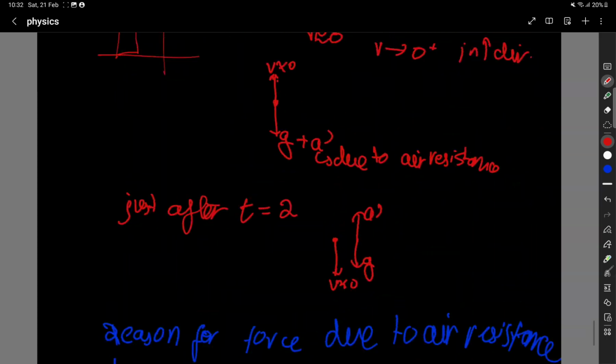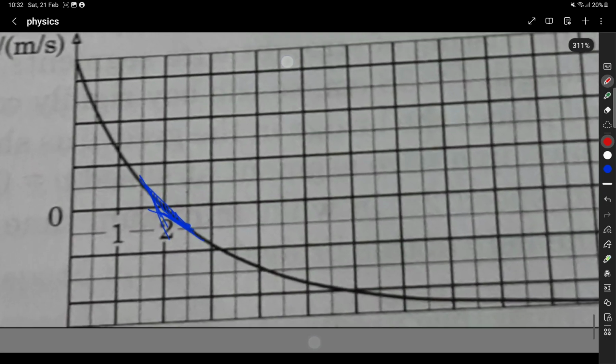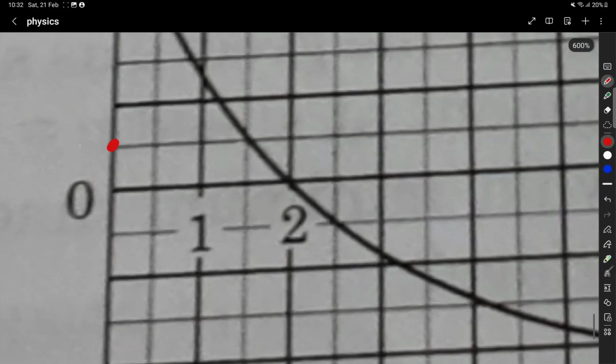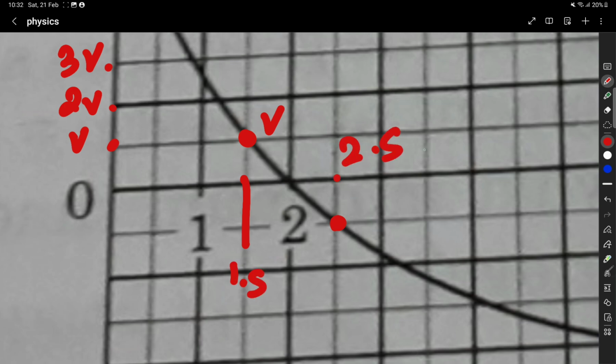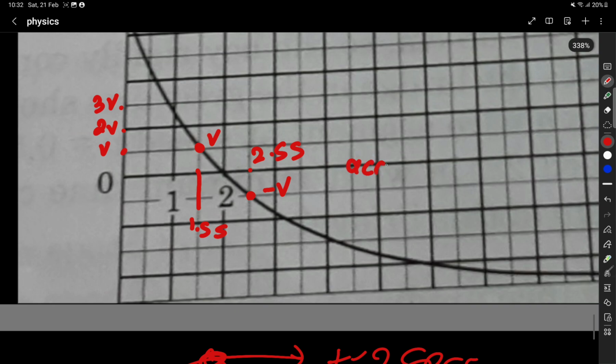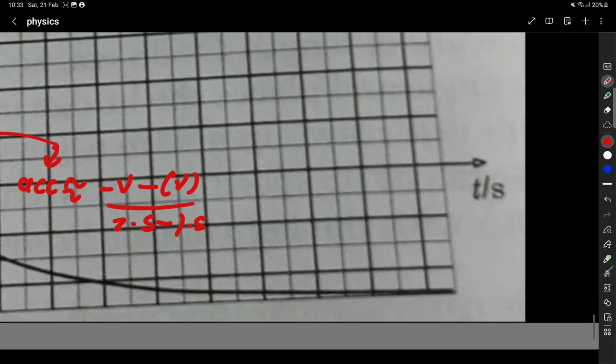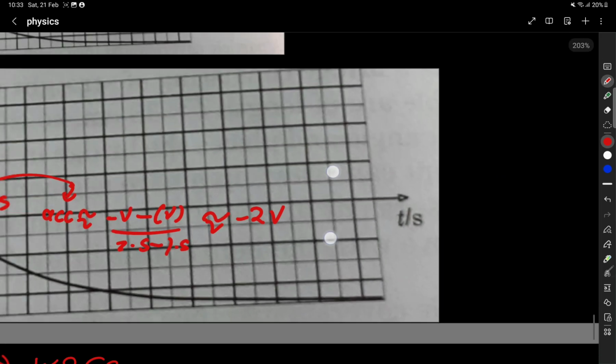So now let's go back to this diagram. So this will be V, 2V, 3V, and so on. So this will be, this is 1.5, 2.5 seconds. This is minus V. Acceleration close to this region I'm talking about is close to minus V by 2.5 minus 1.5, which comes to close to minus 2V.